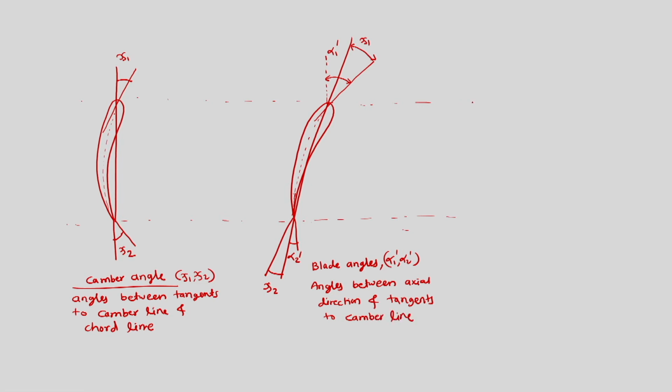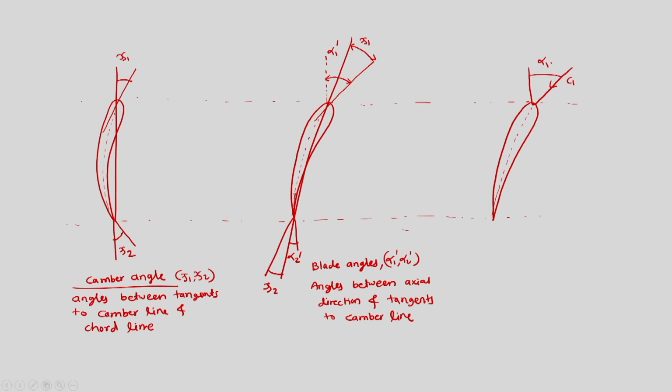And then we can have third, which is for air angle. So same way we will replicate. This is camber line and this is axial direction, and this is suppose the direction of velocity, which is c1.